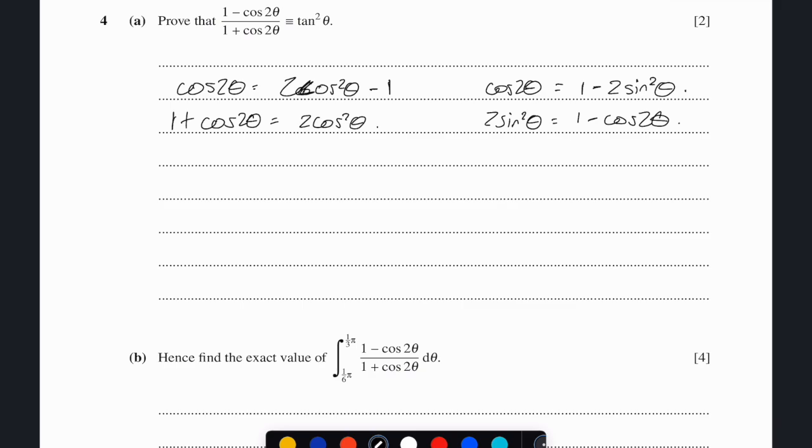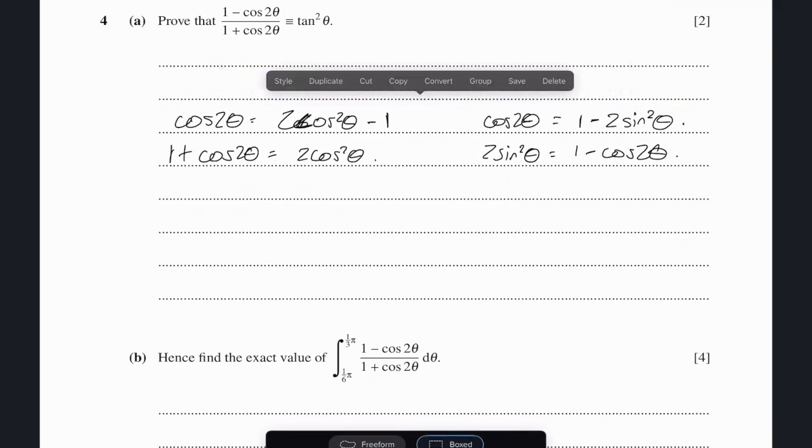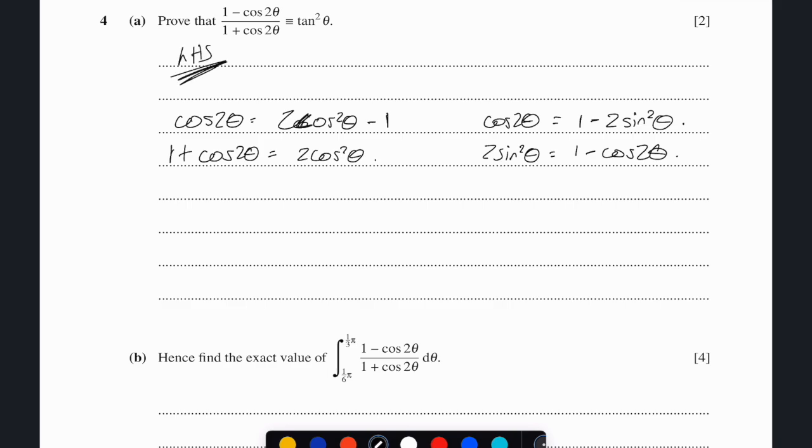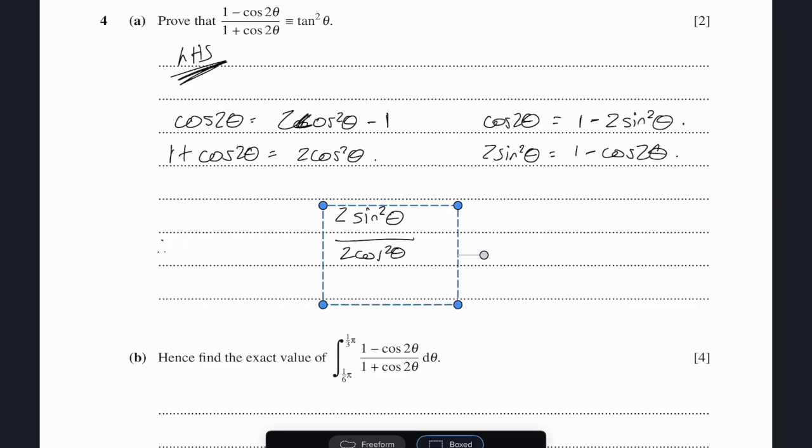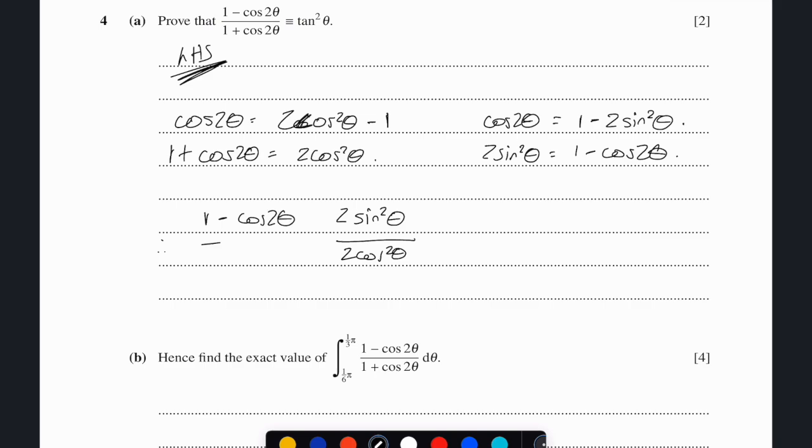So if we go left hand side, I can say that 2 sin squared theta over 2 cos squared theta, and obviously that's going to equal tan squared theta, right?